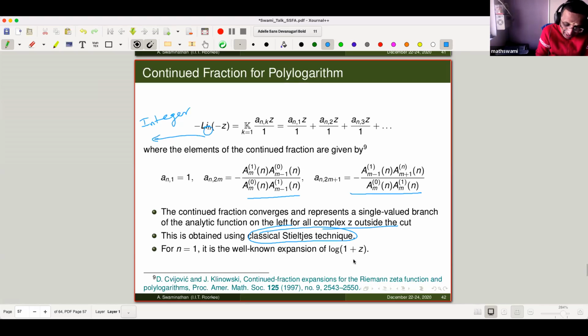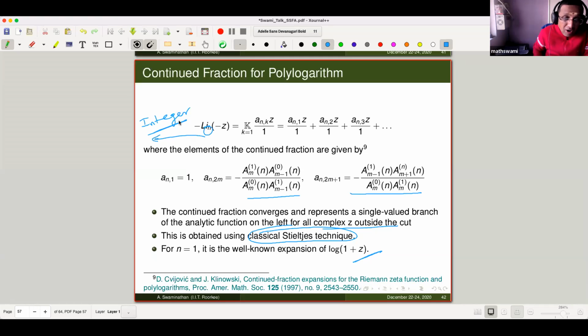In fact, their result is much more general, because for n equal to 1, it is the well-known equation of the logarithmic function. Other results were also obtained by them. They proved their result using some nice software techniques, and found the speed of convergence, and all this information was given in their paper. But the only problem is they were able to do it only for integer values, beyond which they were not able to study.